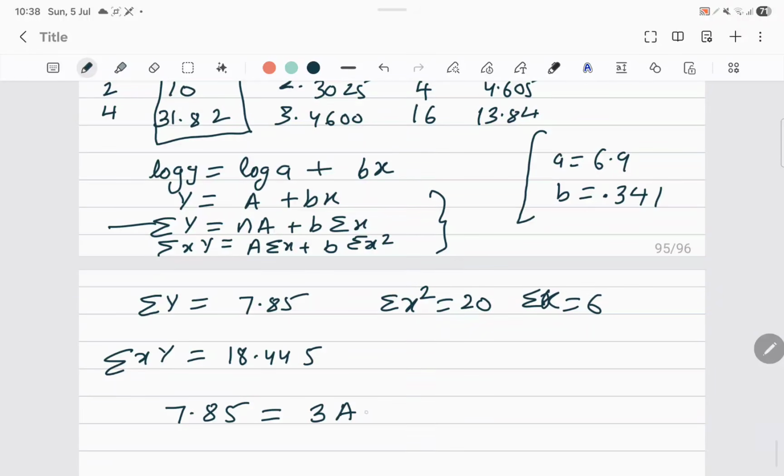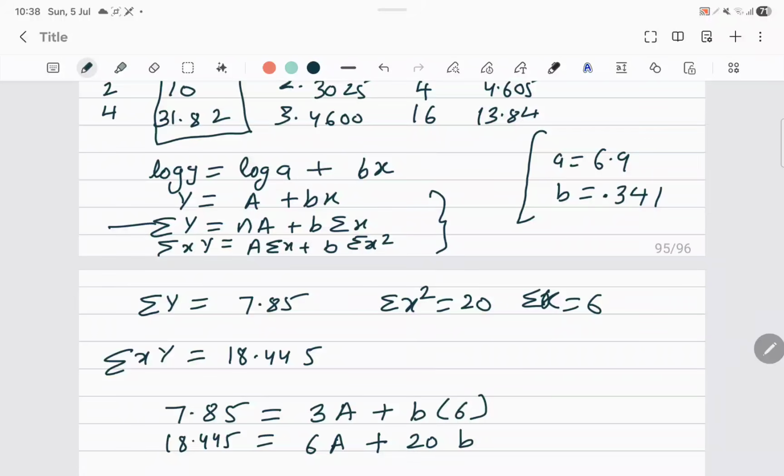So 3 capital A plus B into 6, and the other one is summation xy, that is 18.445 is equal to 6A plus 20B. Now what I'll do, I'll go to equations, and in that I will pick up simultaneous equation, and since I have two unknowns, I'll pick up that.